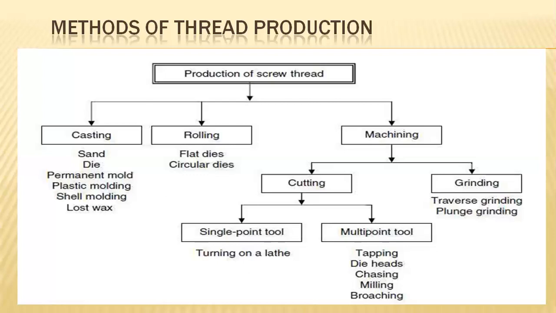The cutting process is again subclassified into 2 groups, where the threading is obtained by removing material from a flat cylindrical object to get the thread shapes. This is normally done by a single point cutting tool or multi-point cutting tools.